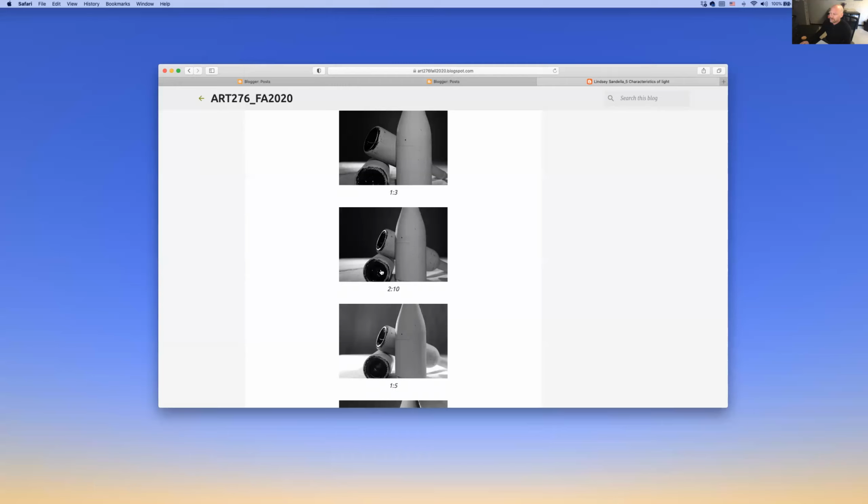I'm not sure what we mean by 2:10. It should always be a 1, meaning 1 part key light. The key light is always going to be 1. And then the 3 in 1:3 represents how many fill lights it would take to equal the key.